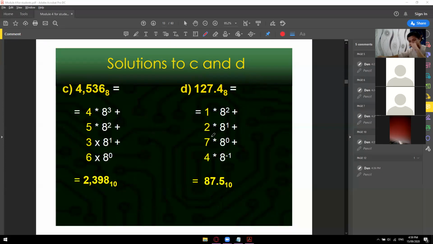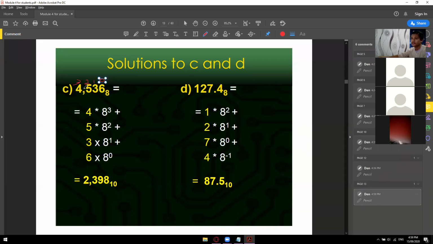letter C. So we have 4,536 base 8. Okay, so line up nyo lang ito pababa. 4, 5, 3, 6. And then multiply it to our base, which is 8. So times 8 lahat yan. And then raise to 0, 1, 2, and then 3.